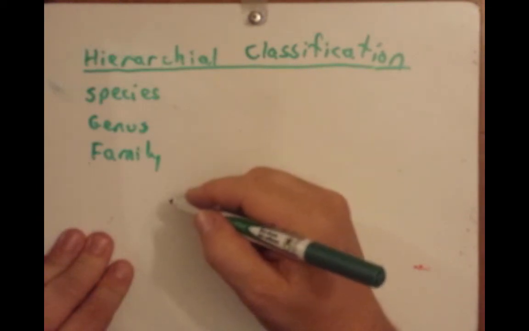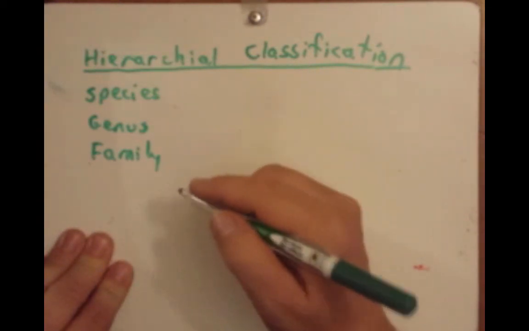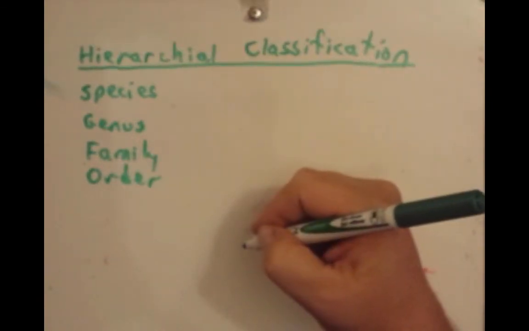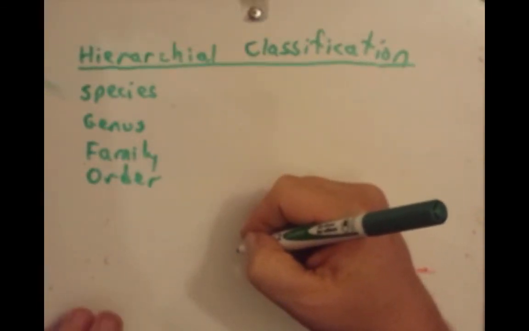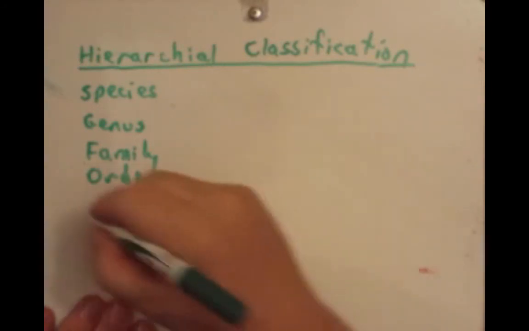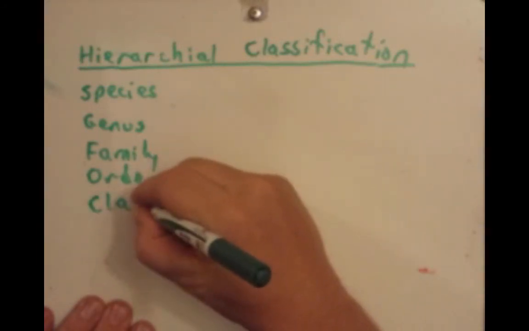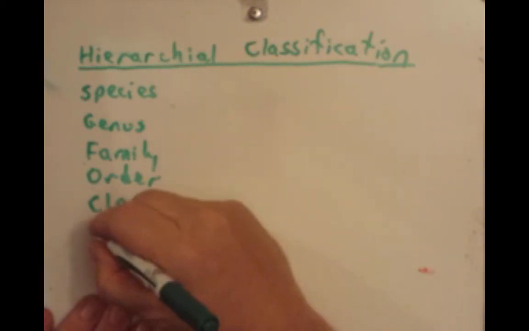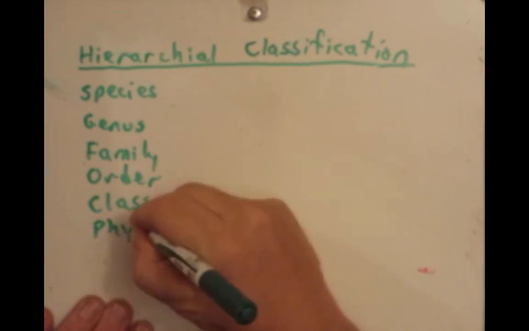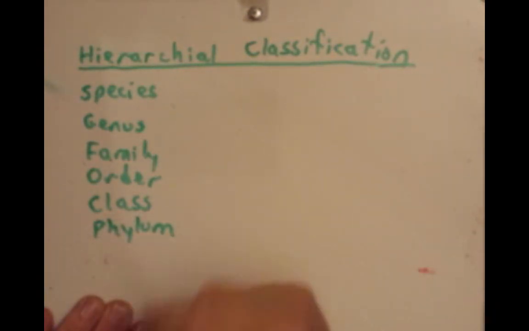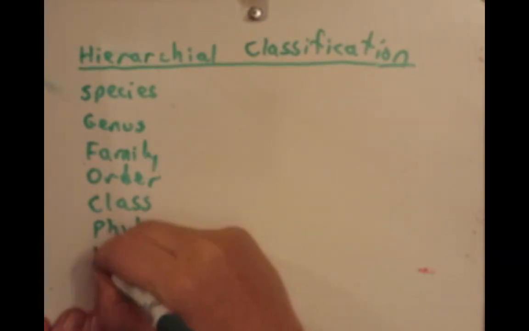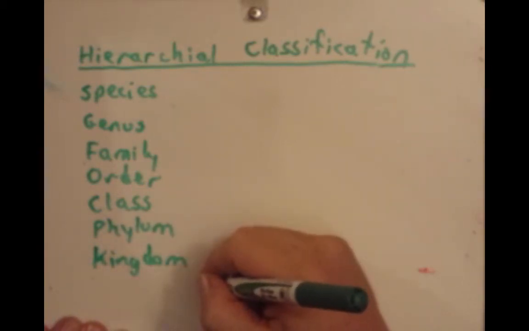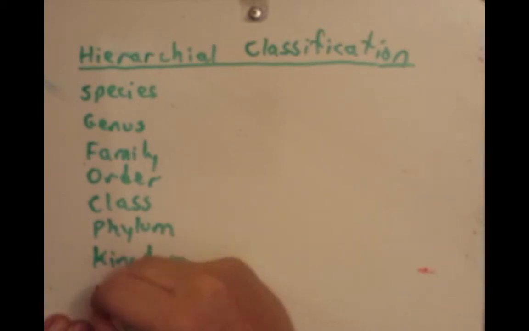And then several families can be grouped into an order. And then several orders can be grouped into a class. And then several classes can be grouped into a phylum. Several phylums can be grouped into kingdom. And then kingdoms can be further broken down into domains.